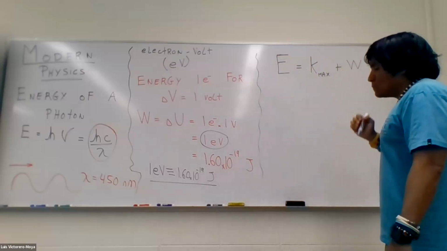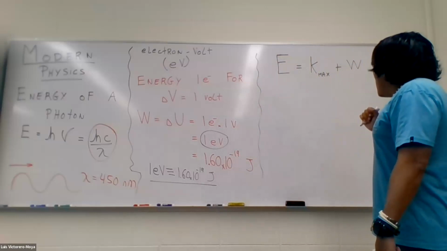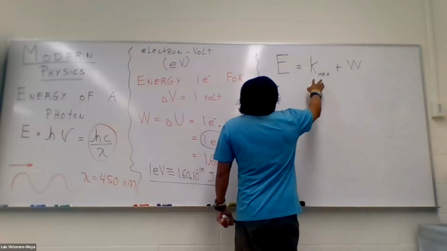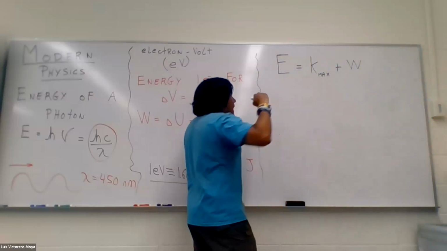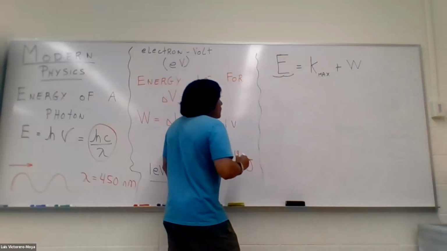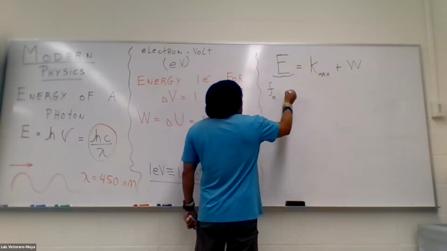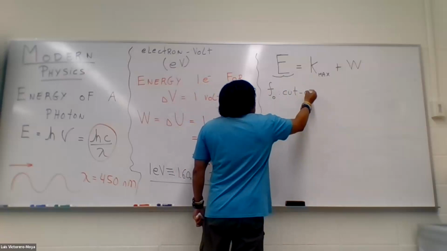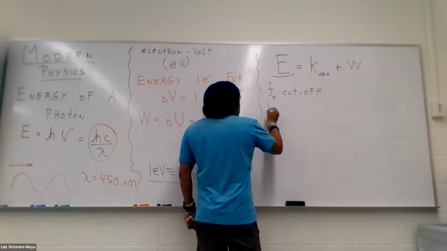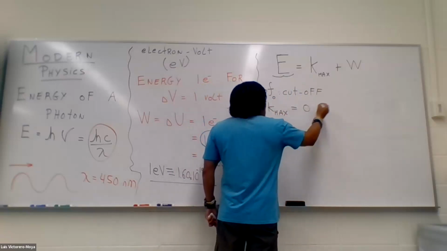All right? Now, if you want to find the cut-off frequency for this, that happens when the kinetic energy of the photoelectrons is 0 joules.